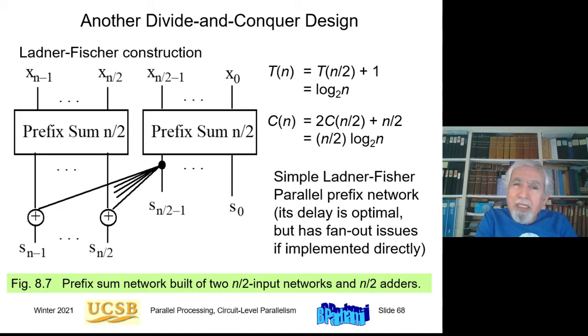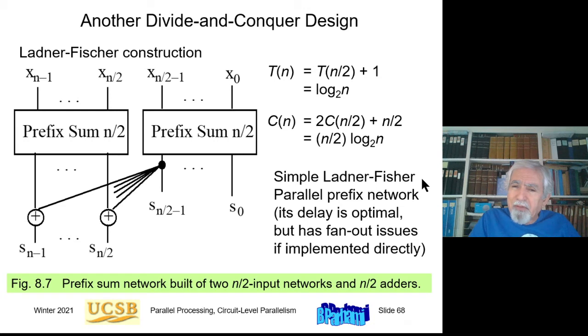Here's another divide and conquer design. In order to design the prefix network, do a prefix sum of the first half of the input, a prefix sum of the second half, and then add the result of this first prefix sum, which is the sum of all the numbers from x0 to x(n/2 minus 1), to each of the partial results from this second prefix sum. This is known as the Ladner-Fisher network.